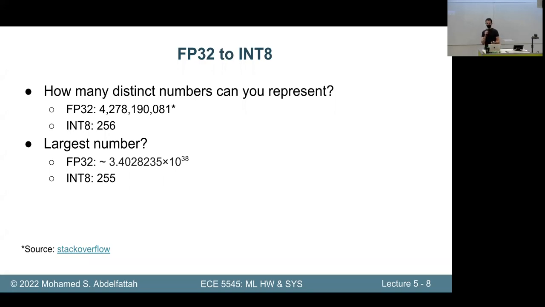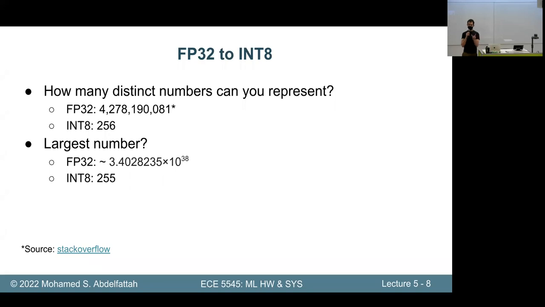So what are we mapping, right? How many distinct numbers are we mapping from, and how many distinct numbers are we mapping to? Unlike the formal definition of quantization, where you're going from real values, we're actually interested in going from these floating point values. In FP32, you have about 4 billion distinct numbers that you can represent.